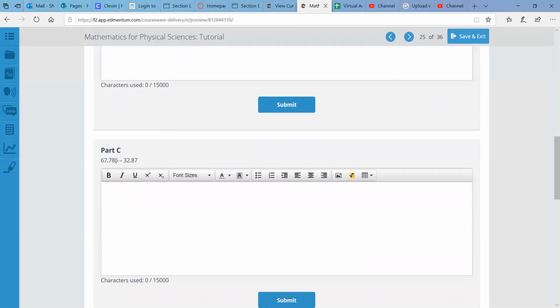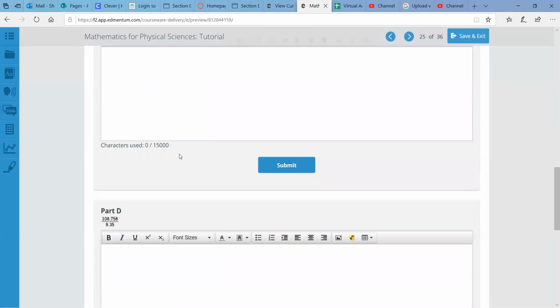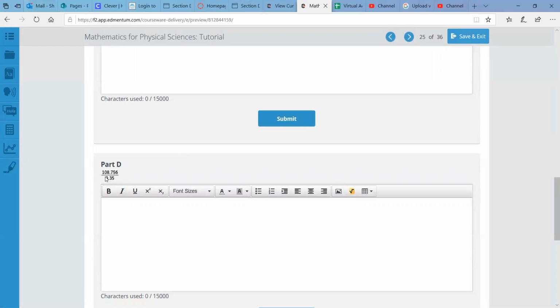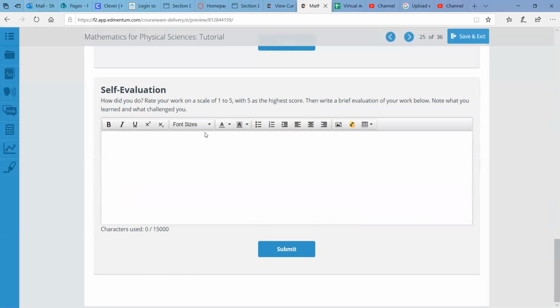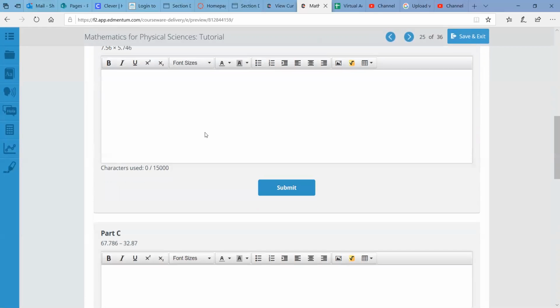You're subtracting, you can only be accurate up to this decimal point. You're dividing, so you can only be accurate to 3 significant figures. Okay?